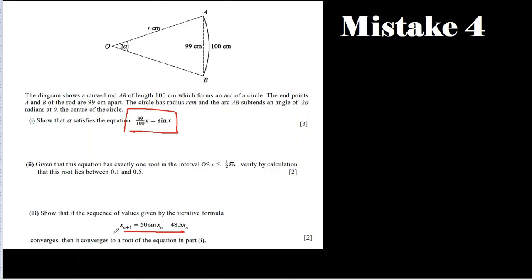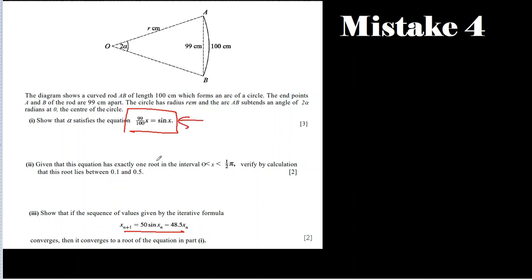In other words, they are saying convert this into this, or this into this. That's what they're trying to say. And in such a case, people are confused. What do we do with xn plus 1 and xn? They are different numbers. Understand it very clearly that xn plus 1 and xn are the same x. We got it from here.